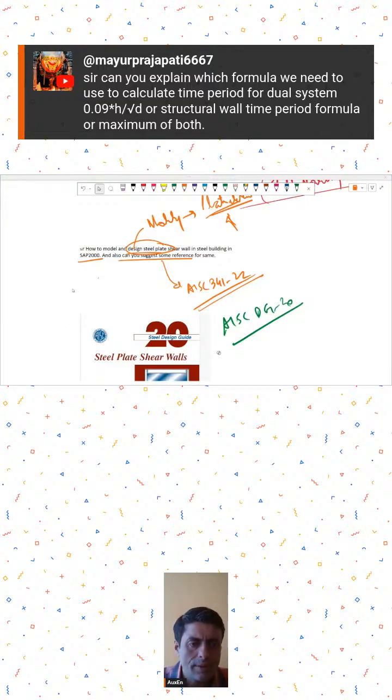I'll just open and see if we can discuss that. I think there is some amendment to that formula also. That 0.09h formula, I think it has been amended.